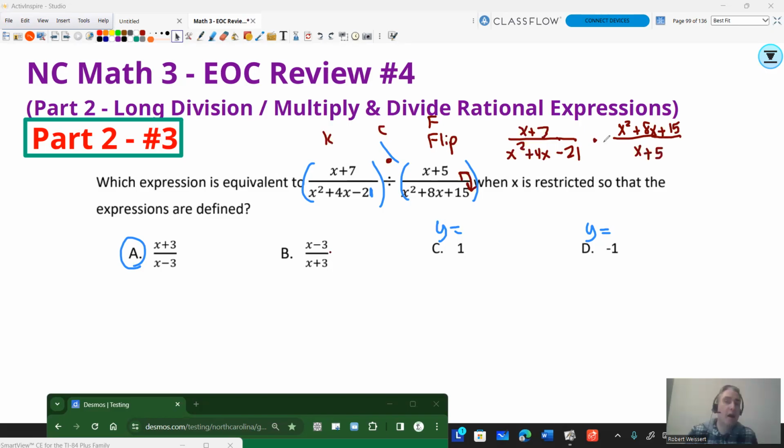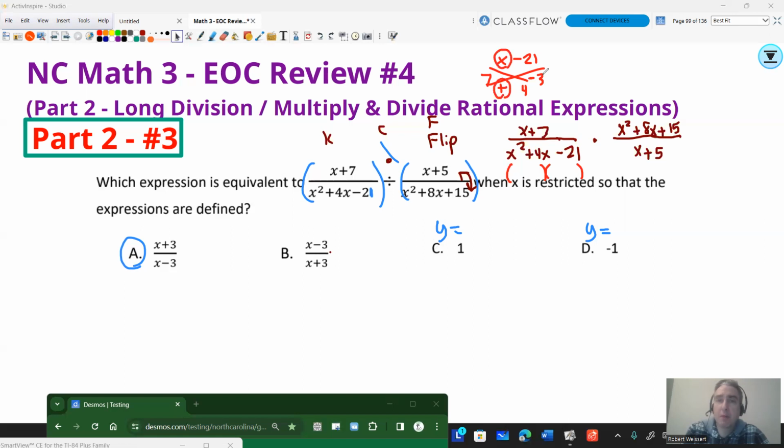All right, so now I want to factor. What two numbers multiply to negative 21 and add to positive 4? 7 and 3, which one's negative? It's going to have to be negative 3.